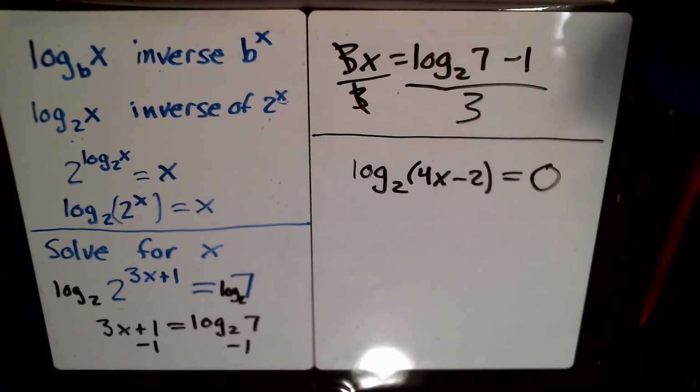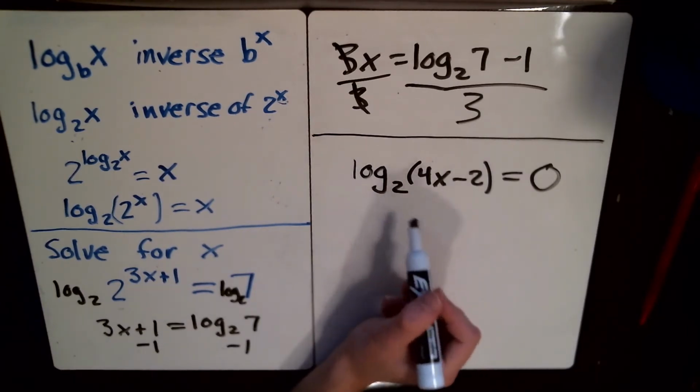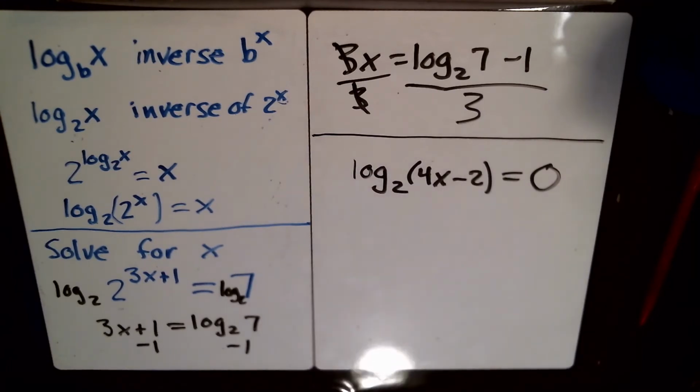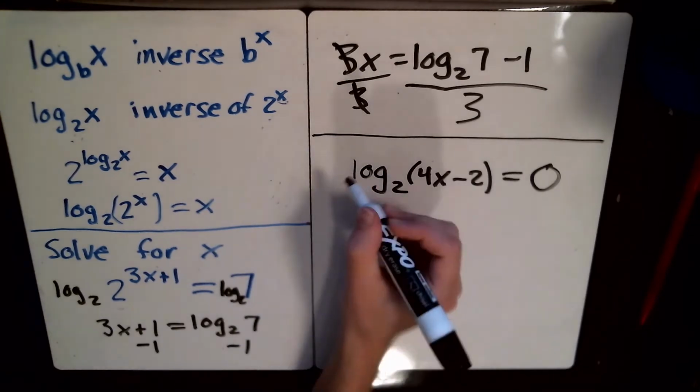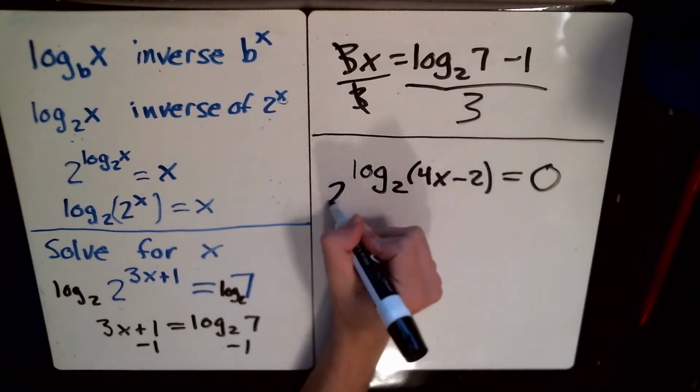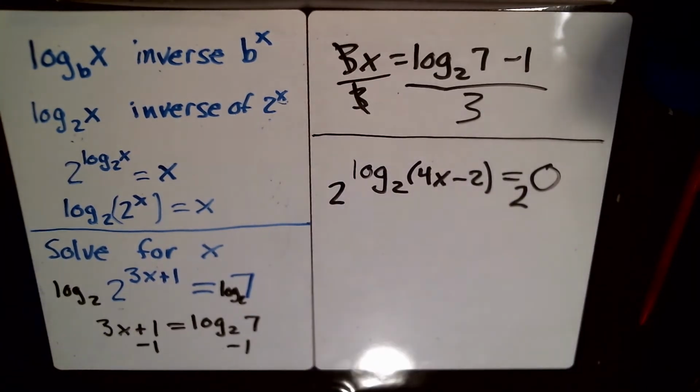Solve for x again. Well, in this case, I want to get rid of the log base 2. Again, log base 2 and 2 to the x are inverses of each other. So how we get rid of log base 2 is we raise both sides as the exponent of 2.